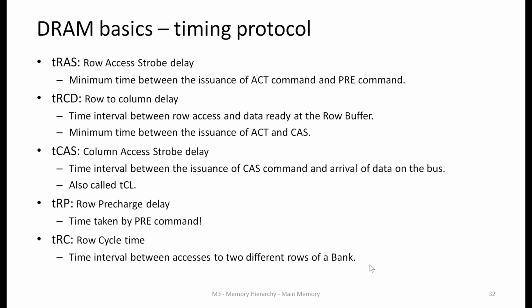So tRC is the minimum time we would need to do such a thing. tRC is tRAS plus tRP. It is the time for activation and the time for precharge.